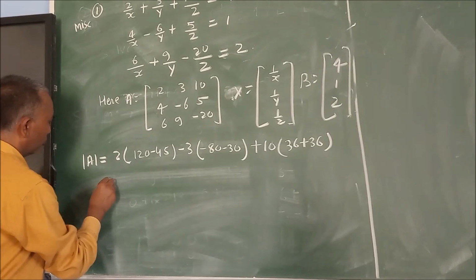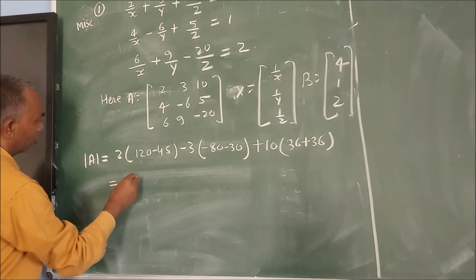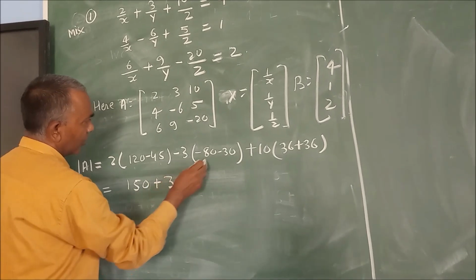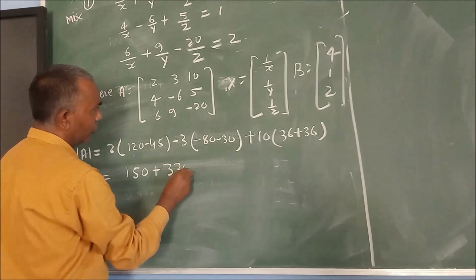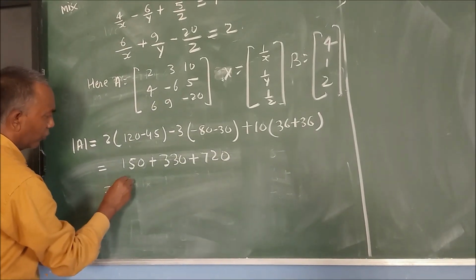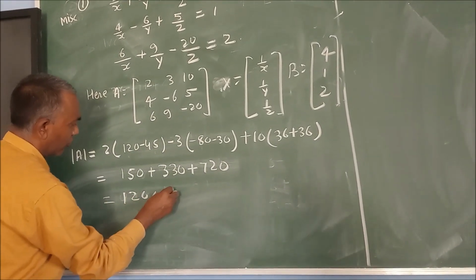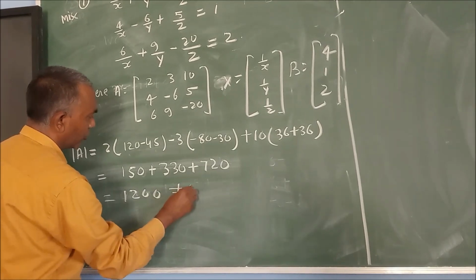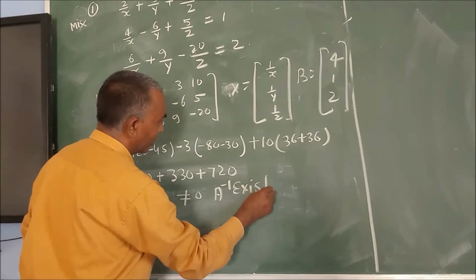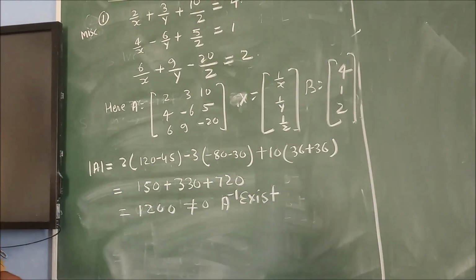So this will be equal to, this is your 75 into 2, 150, minus minus plus, 110 into 3, 330, plus 720, and this is equal to 1200. This not equal to 0, so A inverse exists. That means we can calculate the value of A inverse.